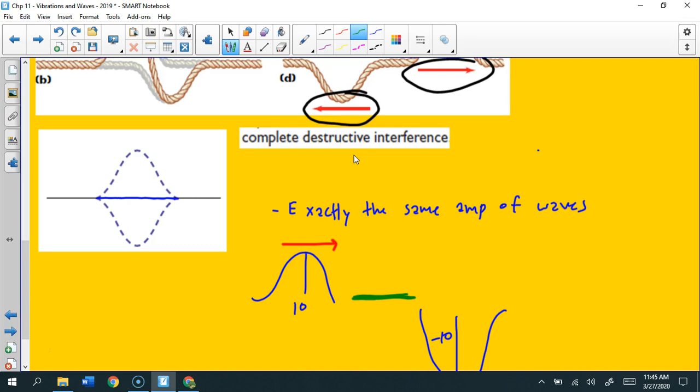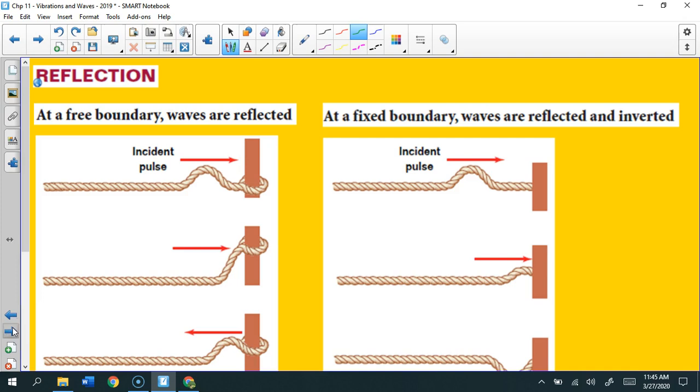No matter how loud somebody makes it, no matter how much they increase the amplitude of both speakers, you won't even hear it. It's quite something, okay? So that's complete destructive interference.